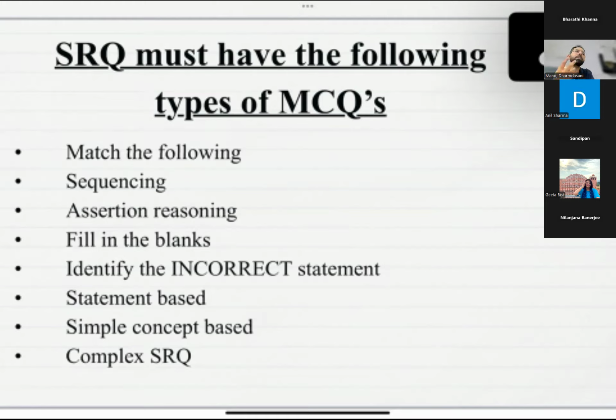So what the paper setter must do with this category is exchange their positions, and by this practice, you can create a sequencing question which can check the students' awareness of how closely they adhere to the process steps.